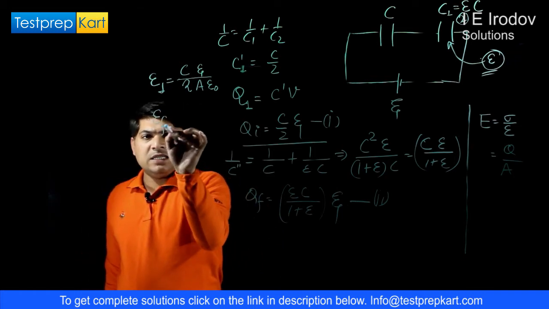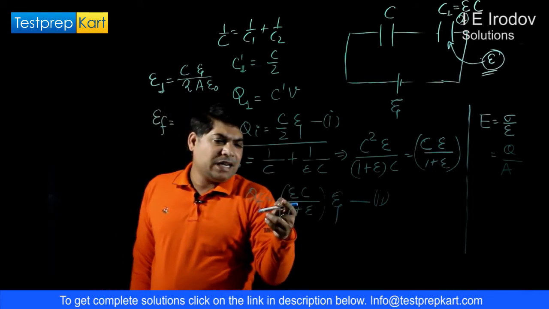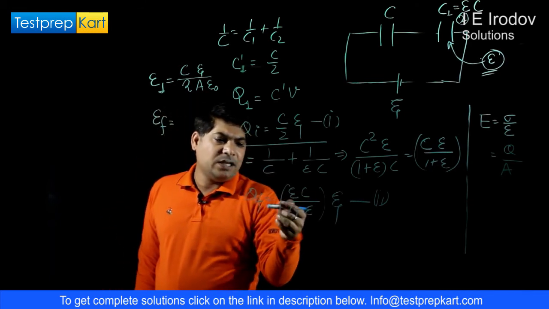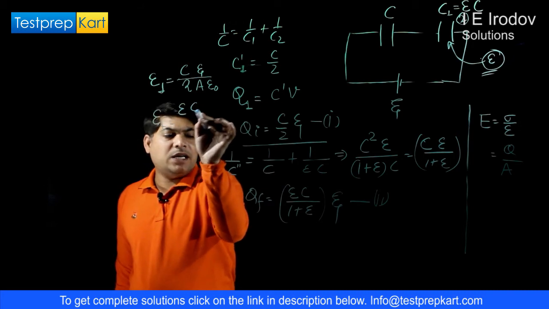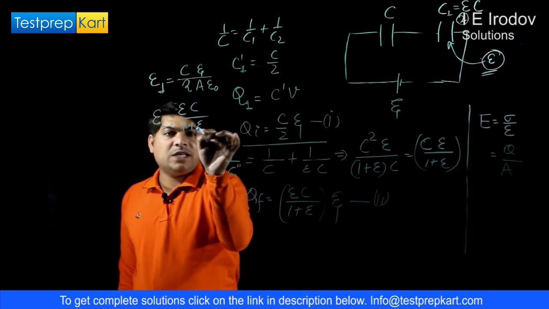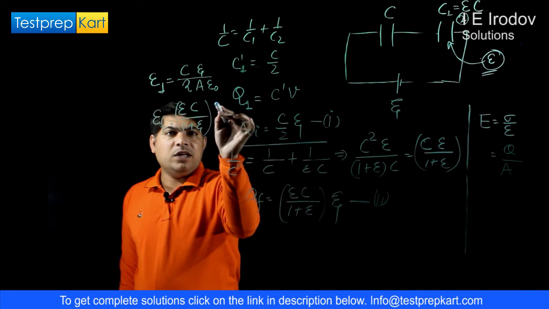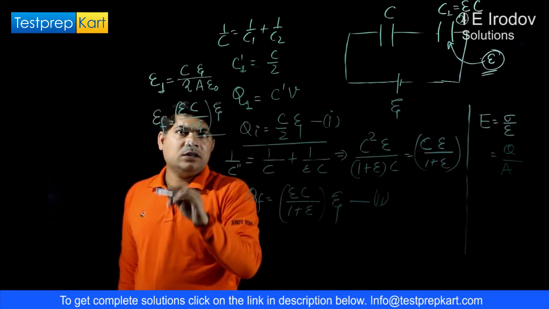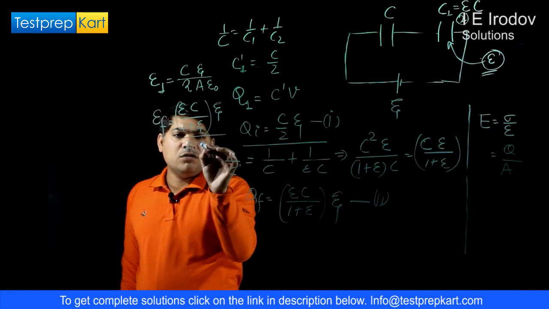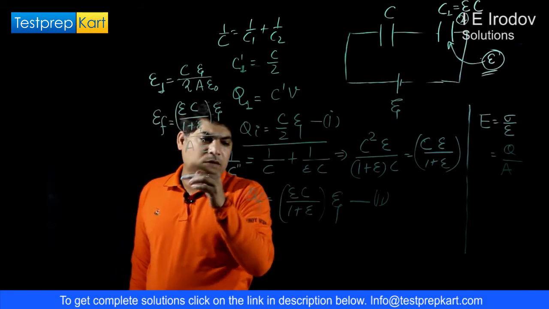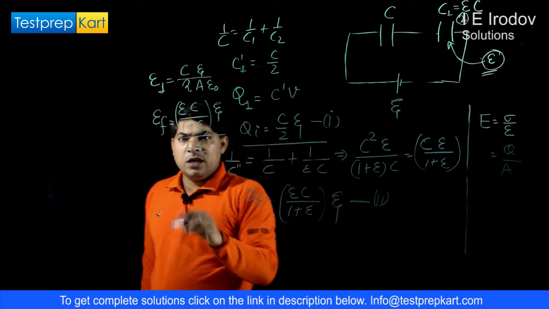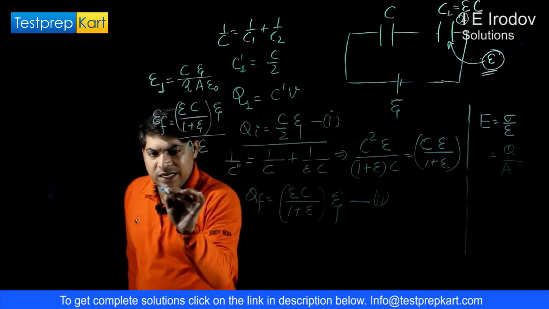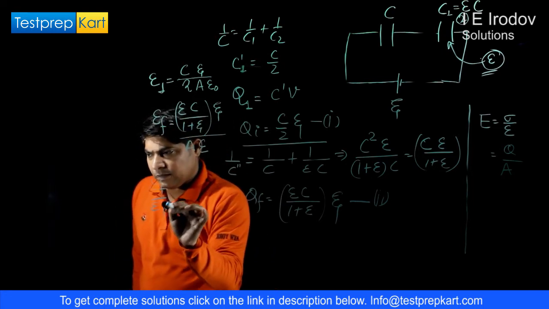In the second case, EF, the net charge is epsilon C over 1 plus epsilon into E divided by the area, into the permittivity epsilon naught. So we can calculate EF over EI.